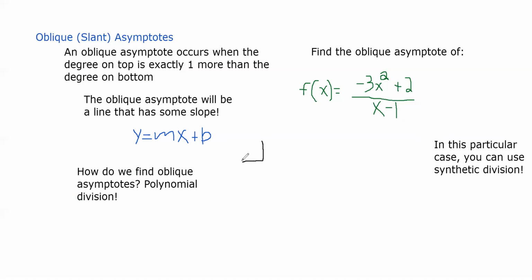Remember, if it's x minus 1, we put the number positive 1 in here for the synthetic division. Then we need to put the coefficients of this here, but we have to be careful. If we skip over any, see here we have an x squared term, and then we skip straight to the constant. We skipped the x term.